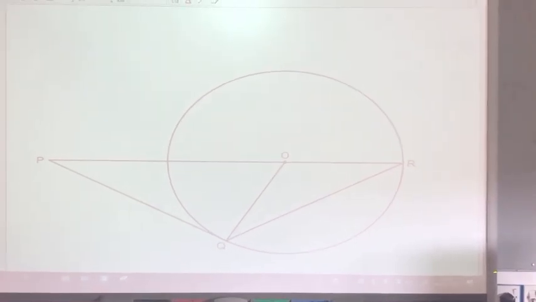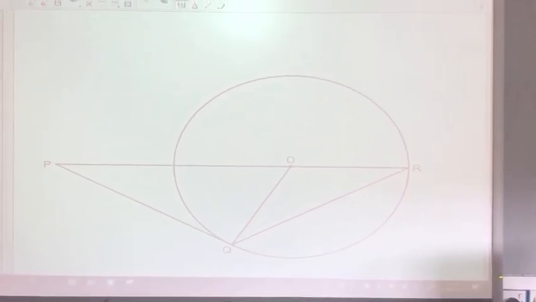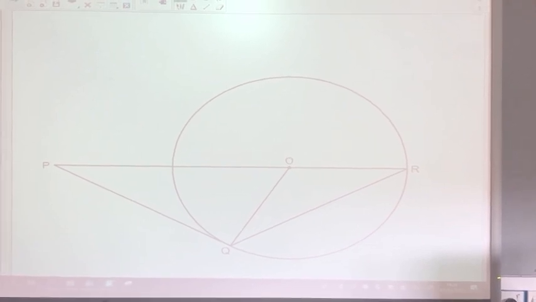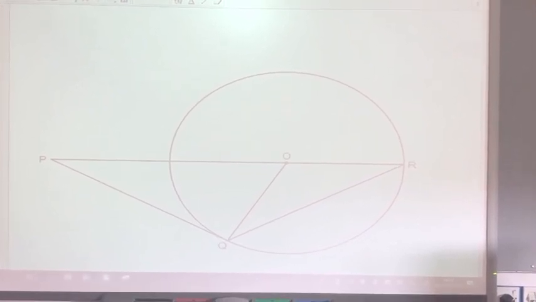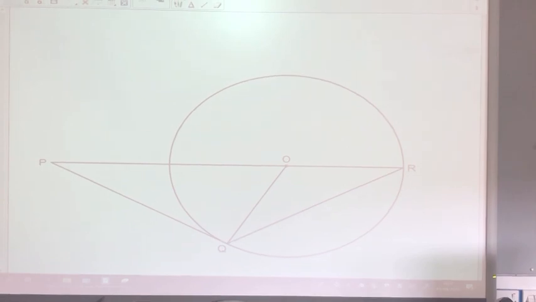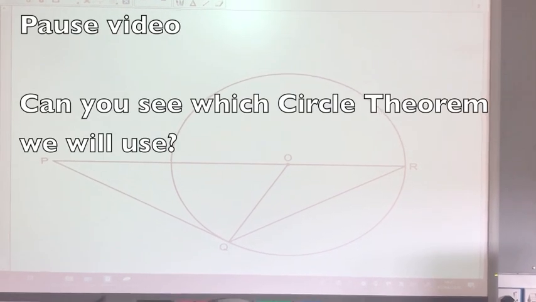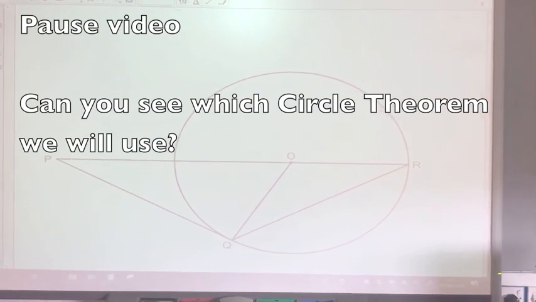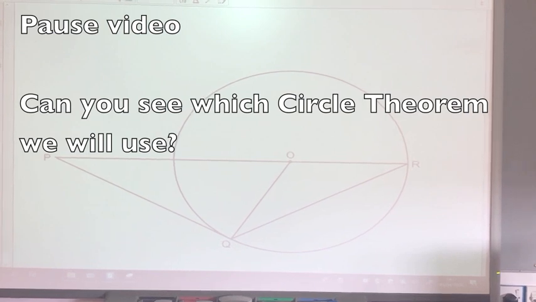Okay, here is your second problem solving question. Again, there is no information just yet, we've just got a diagram. We want you to just see, from the 3 circle theorems that you've learned today, which ones could we apply to this question. 30 seconds, off you go.